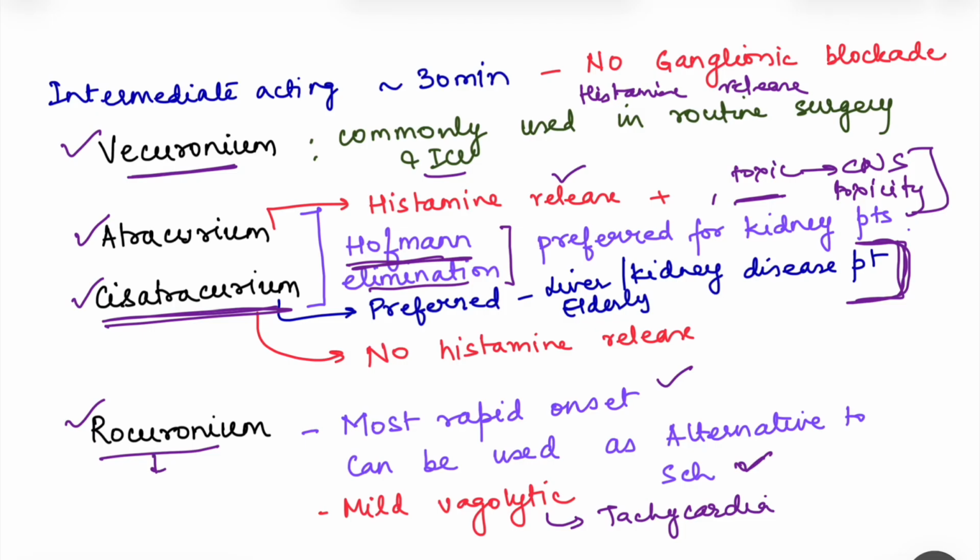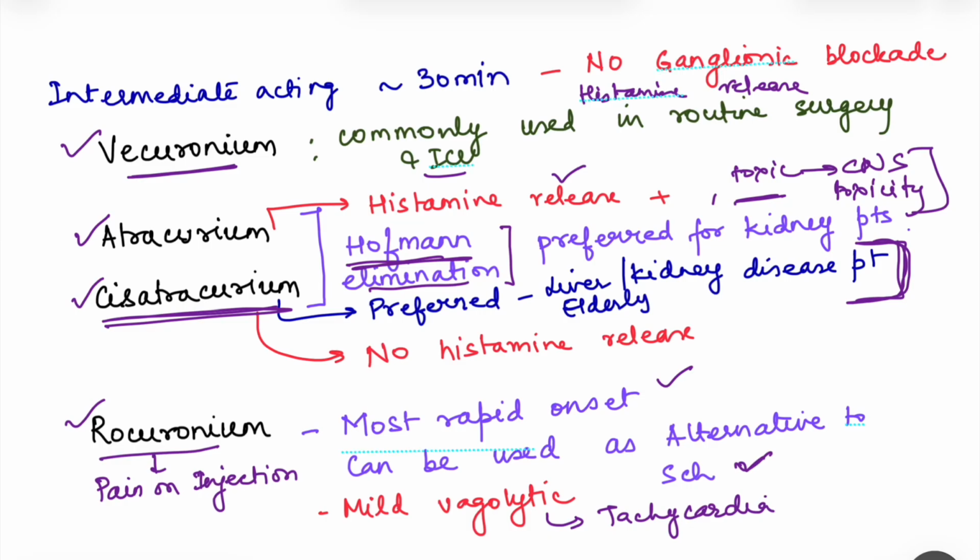And with rocuronium, one more thing you can remember is that this drug causes pain on injection. Yeah, that is an MCQ again. So rocuronium, 3 things to remember: most rapid onset, can be used as an alternative to succinylcholine because it doesn't have the disadvantages of succinylcholine, that is, there is no depolarizing block, hardly any cardiovascular changes as well, and there is pain on injection with rocuronium.